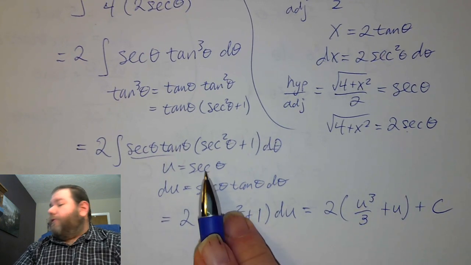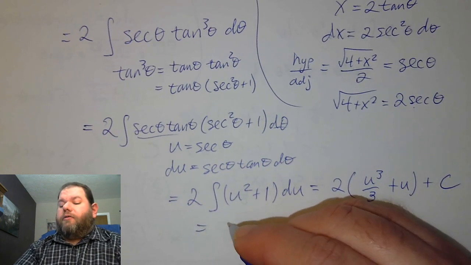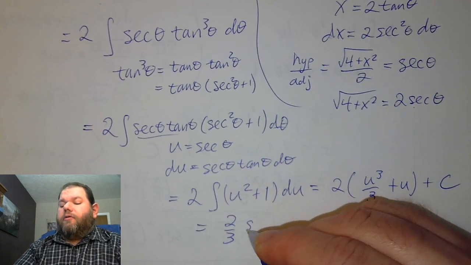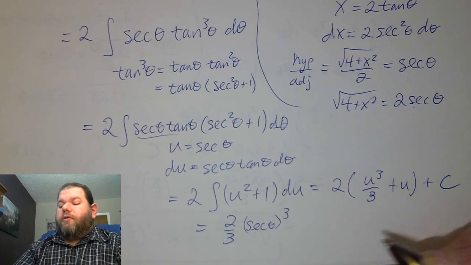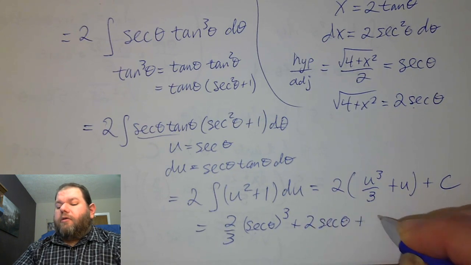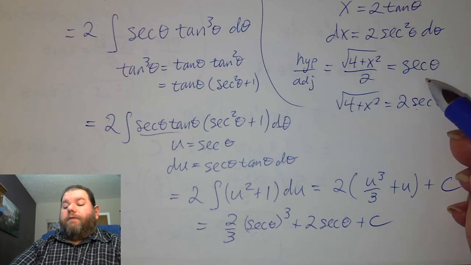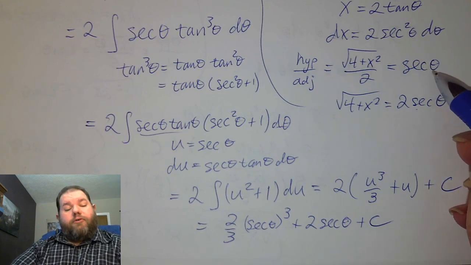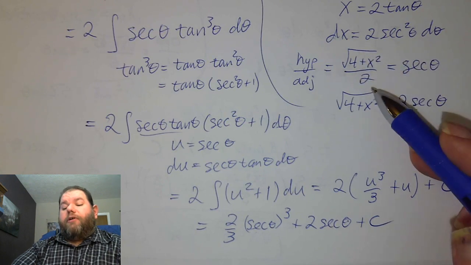U, we said, was secant theta. Now we need to know what secant theta is equal to. Well, we already found what secant theta was equal to in the course of solving the problem. Secant theta is the square root of 4 plus x squared over 2.